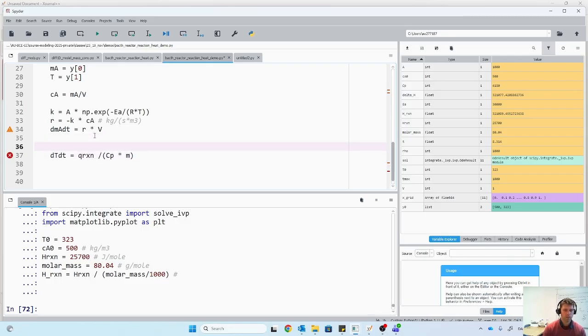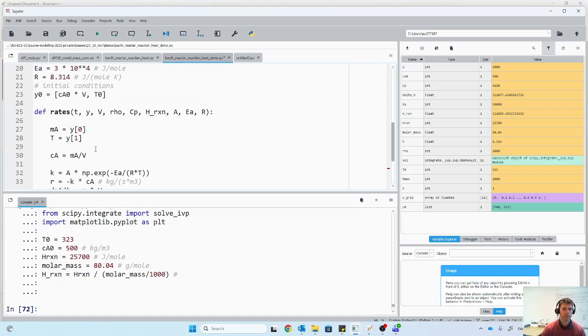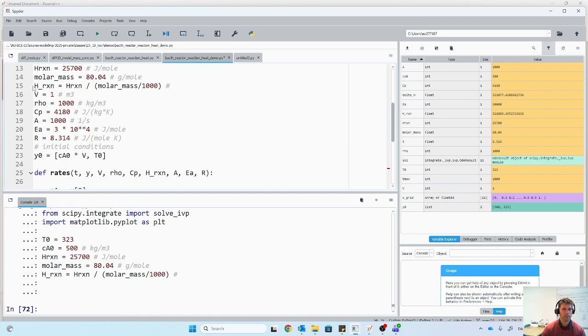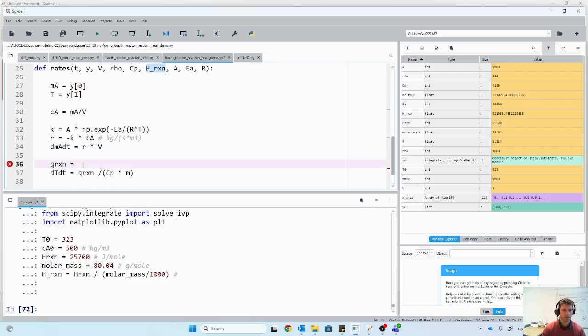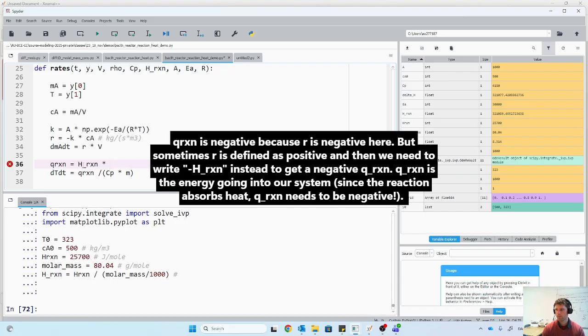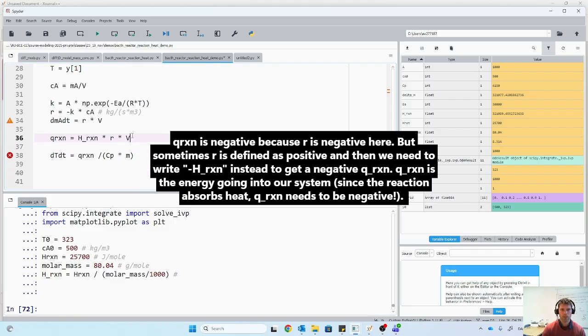But first, now we have to calculate Q_rxn. So that will depend on the heat of reaction, H_rxn, which we have already here, so we just have to say, and then times the reaction rate. And the reaction rate is still per volume, so we multiply by V to get the complete energy release or absorption in the whole system.